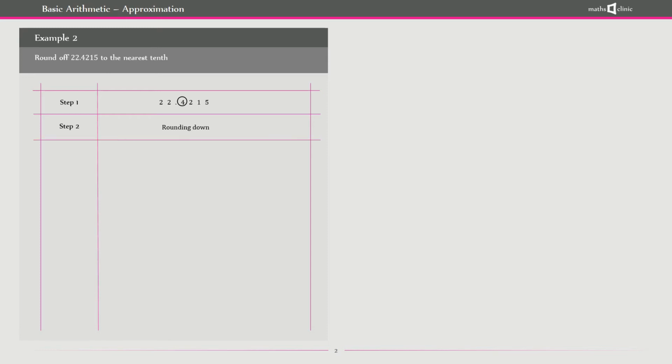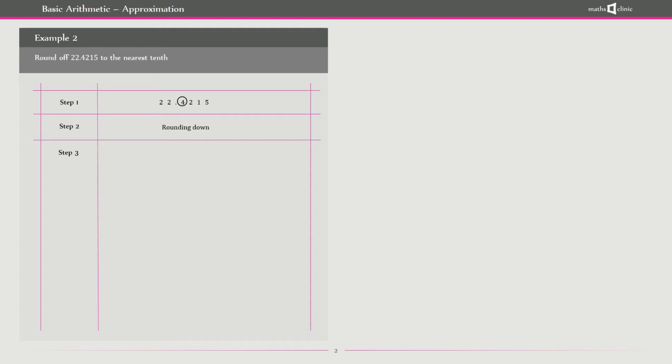So when we round this down, we basically leave 4 as it is. When you're rounding down, you don't add anything, so you leave 4 as it is. If you're rounding up, you add 1 to the number in the given place value, but when you're rounding down, you just leave the number as it is. Okay, I'll say it again. When you're rounding up, you add 1 to the number in the given place value, and when you're rounding down, you just leave the number as it is.